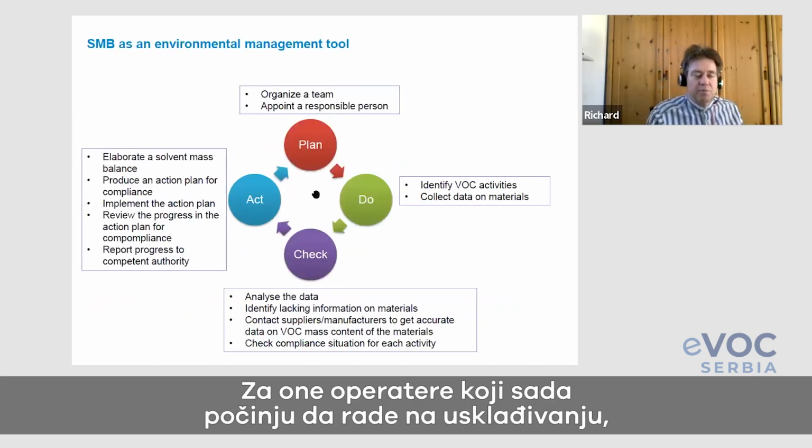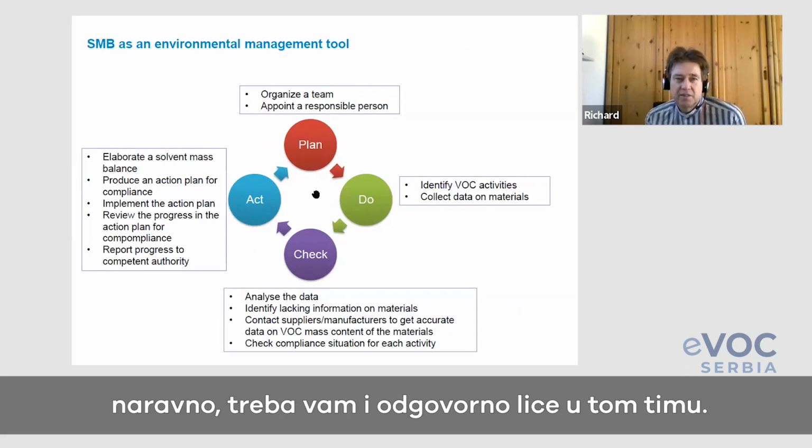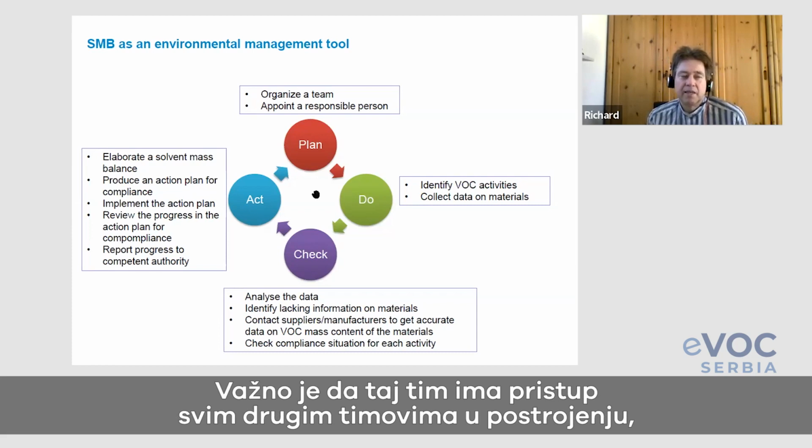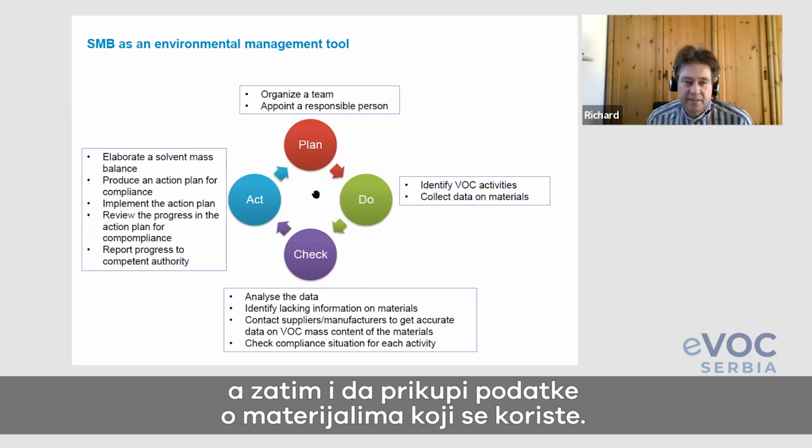So for those operators who now start to comply with the new requirements, the best is you need a team, and of course you need a responsible person in that team. Important is that the team has access to all of the other operation unit teams, because they must first identify the VOC activities that you have, and then they must collect data on the applied materials.